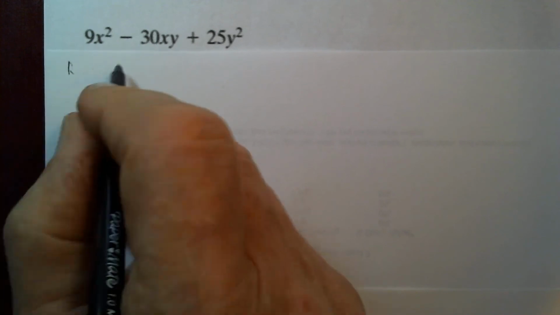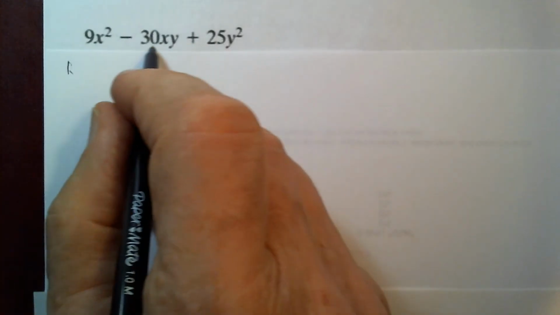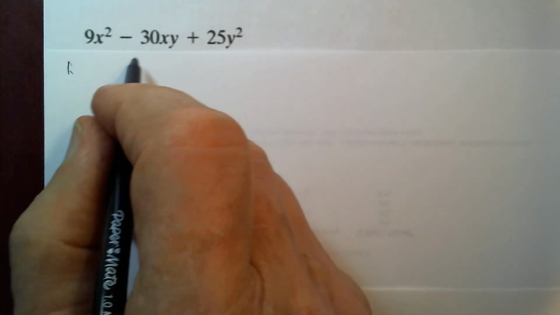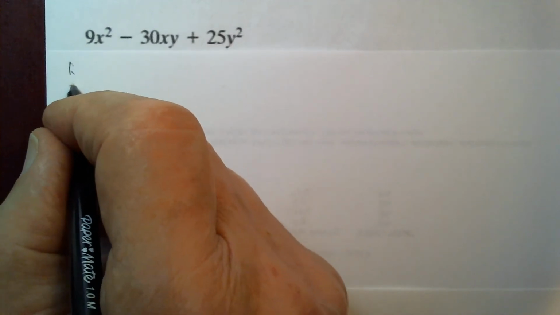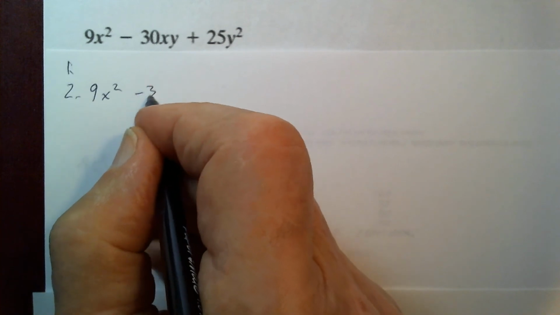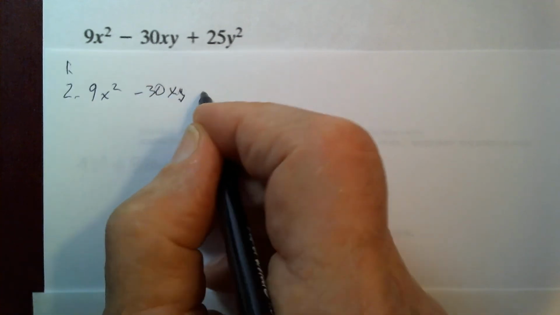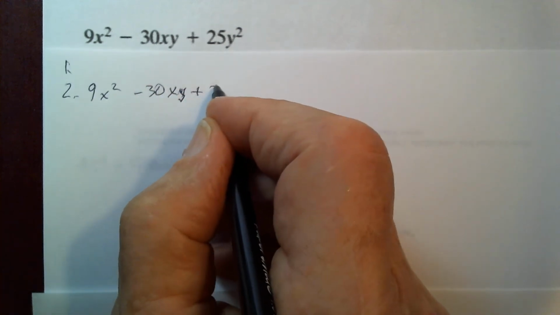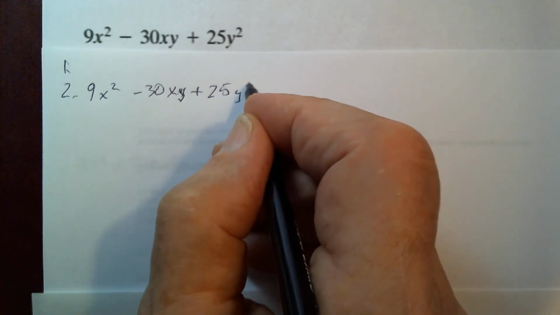Step 1 is there's no greatest common factor among the coefficients or the variables. So we just need to focus on 9x squared minus 30xy plus 25y squared.